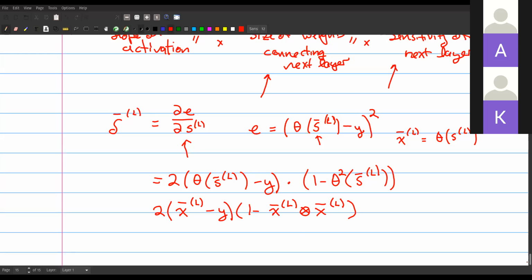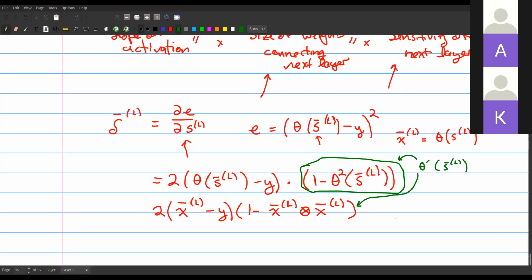Okay, whew. So that's if you're doing classification. If you're doing regression, this part is the derivative, theta prime of S^L, which we also needed in a different part of the process, so you can also use this expression there.